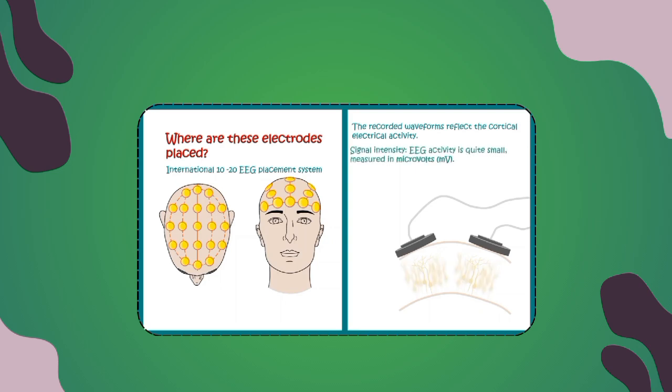The signal intensity is very small, and these particular fluctuations are in the order of microvolts. That means it's very small. Now, it detects population-level neuronal activity. It does not depict one single neuron's activity.